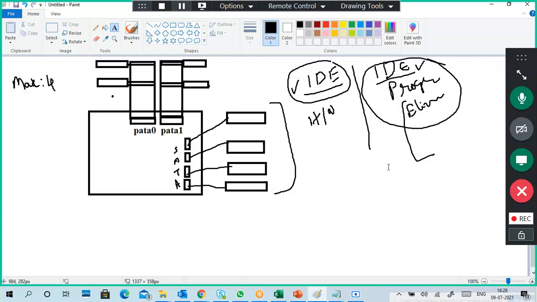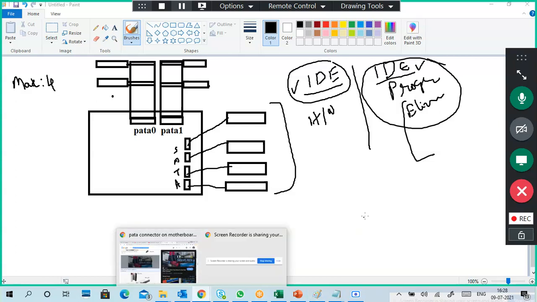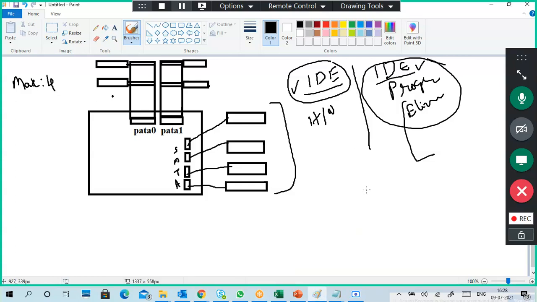The programming side is different, the abbreviation is different. Hardware-based IDE is different. Even if I put into Google what is IDE, it shows the programming one, not the hardware one.